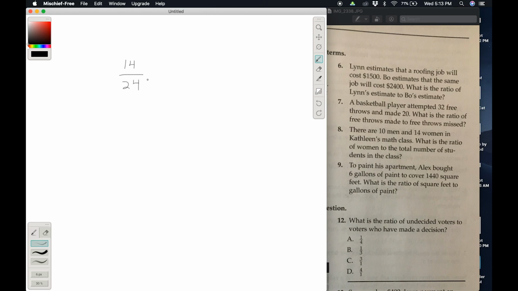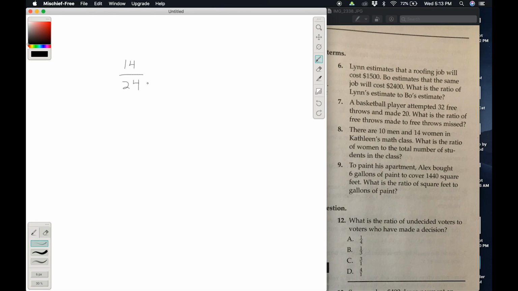And now we have to reduce this. Which number goes into both of these? Let's think about that. Well, 7 goes into 14 two times, and it goes into 24. No, 7 doesn't go into 24. My bad. Well, we definitely know that 2 does.